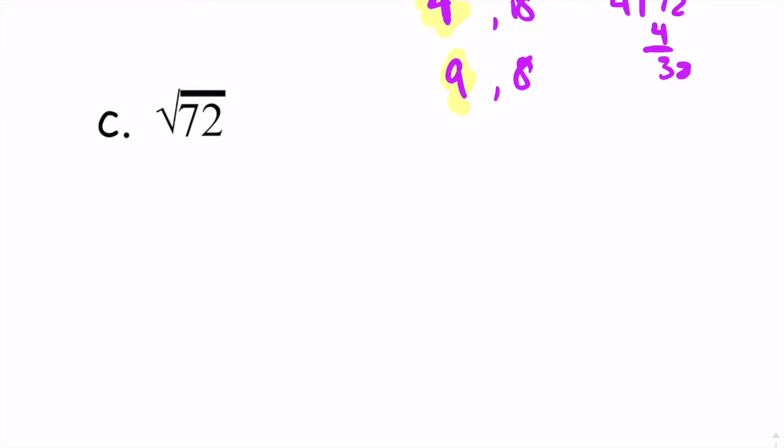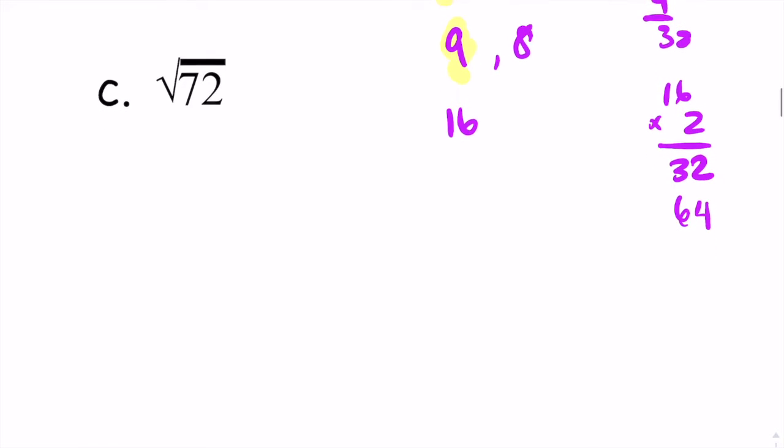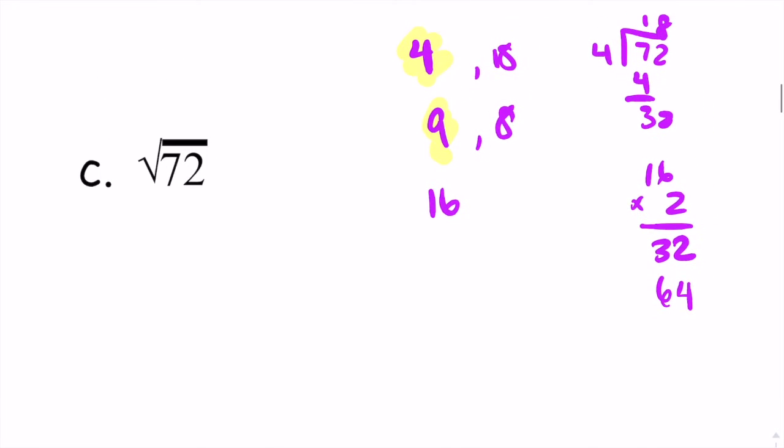Let's see, 16. 72 and 16. 16 times 2 is 32. 64. Nope, 16 does not work. 25 does not fit in. What about 36?